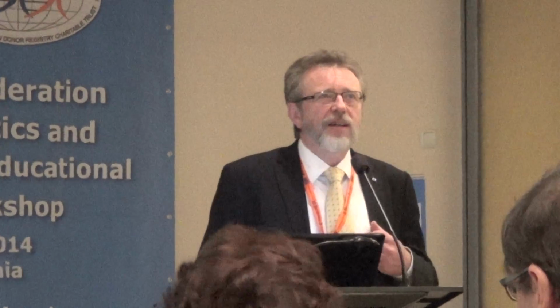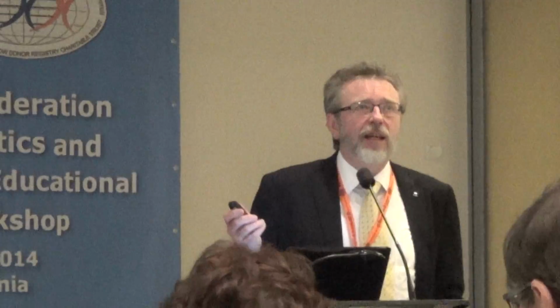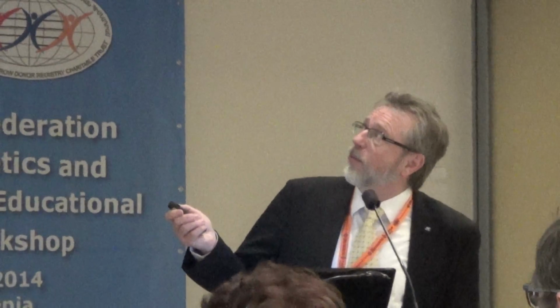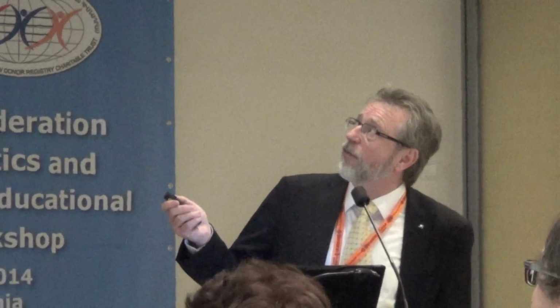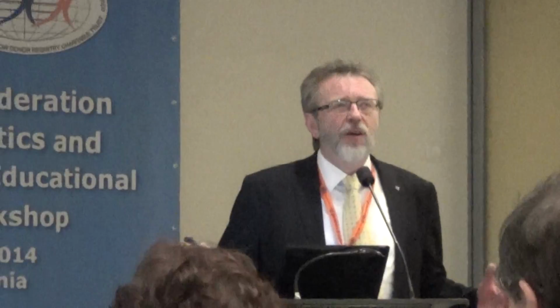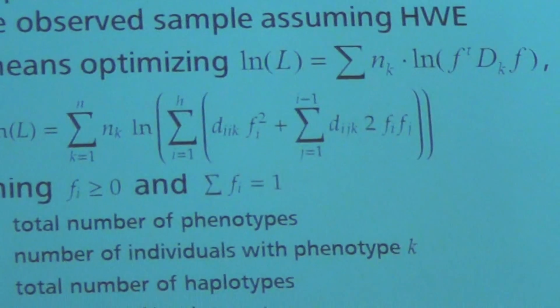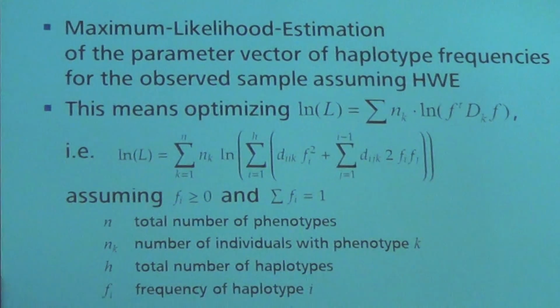This maximum likelihood estimation wants to determine the values of what we call a parameter vector of haplotype frequencies. And the complexity of this vector depends on the number of haplotypes that might be present in a sample. I don't want to go into the math. This is just to scare you off a little.